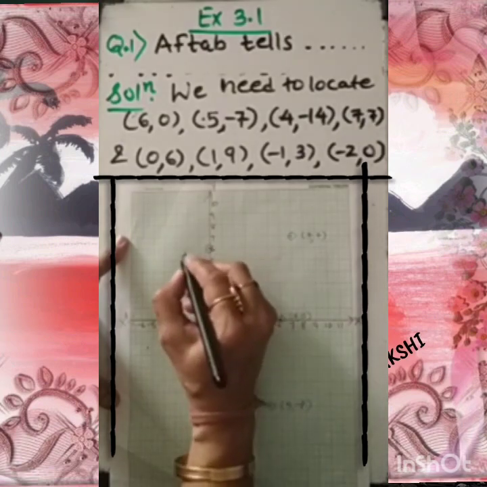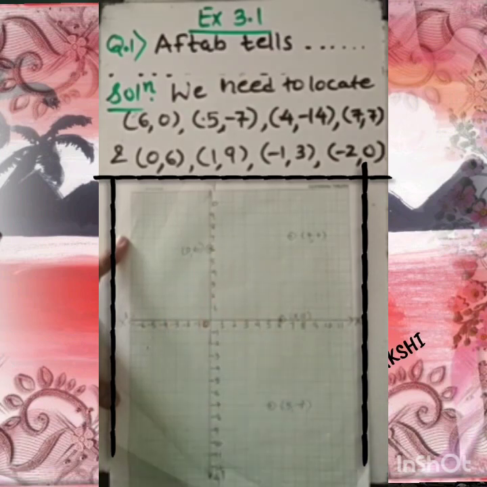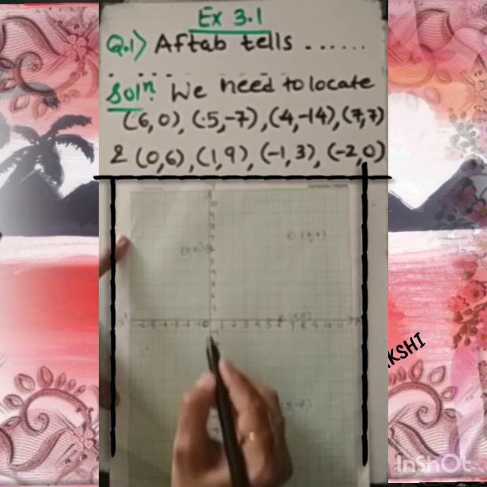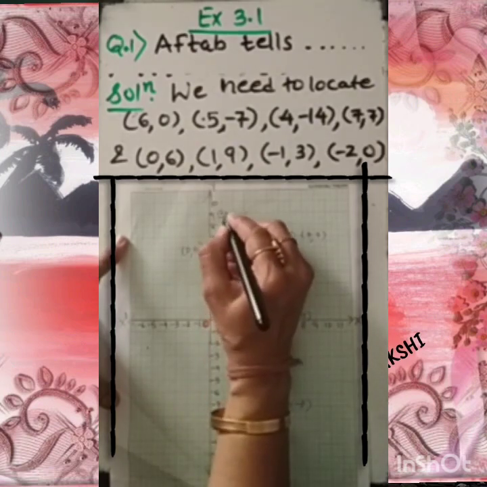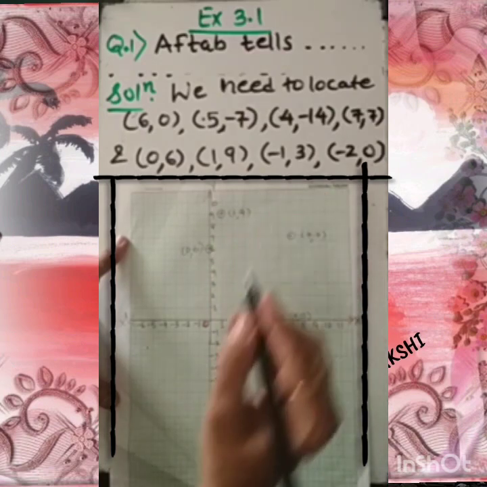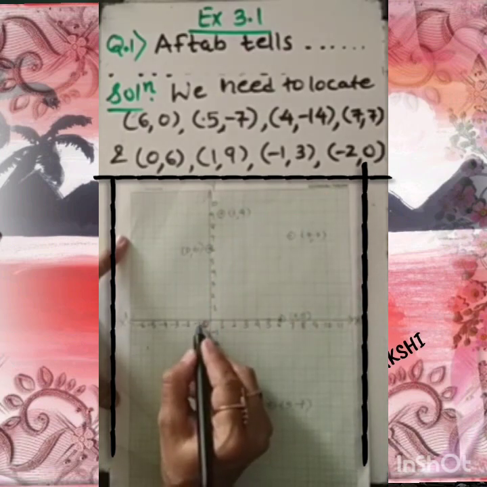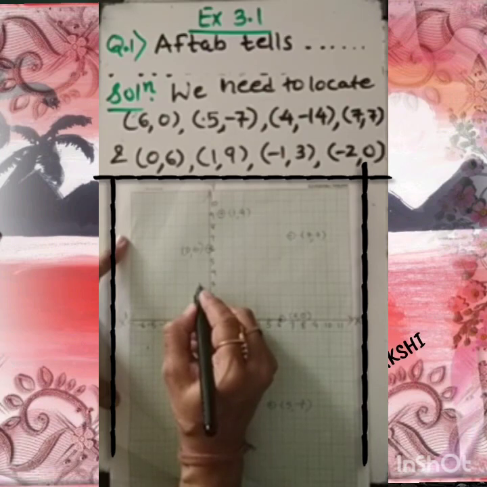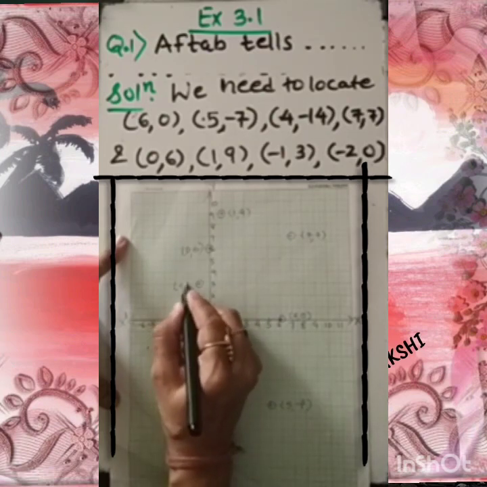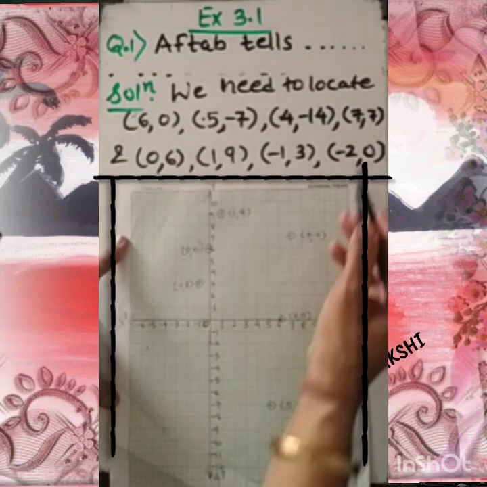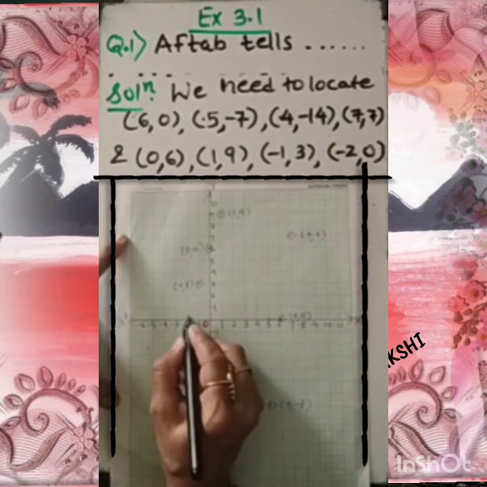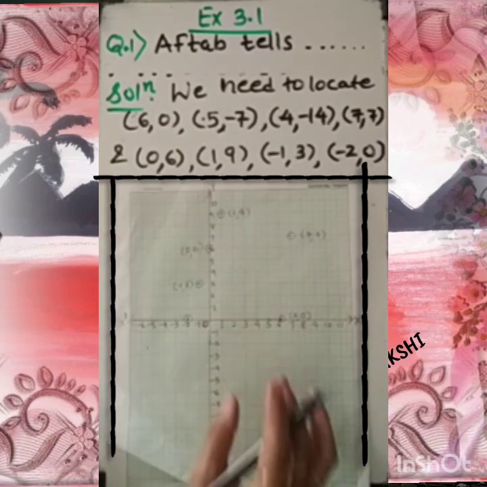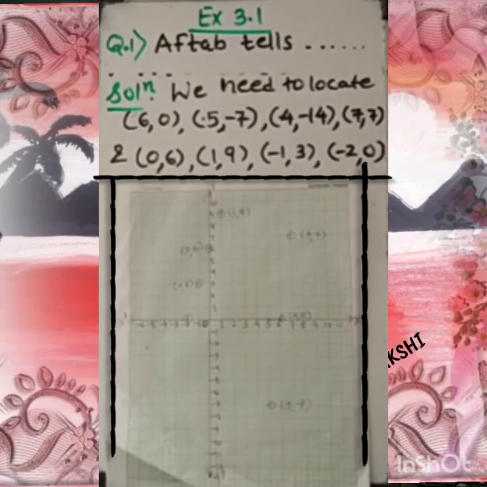So it will lie on the y-axis. (1, 9): of course, this is 1 and this is 9, so it will lie somewhere here. (-1, 3): -1 is on the x-axis and 3 on the y-axis, so (-1, 3) will be in the second quadrant. (-2, 0) itself lies on the axis. Okay. Now, if I ask you to draw the line, then this way we will have the line.